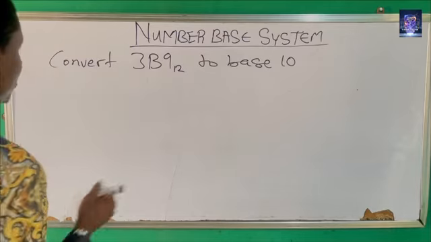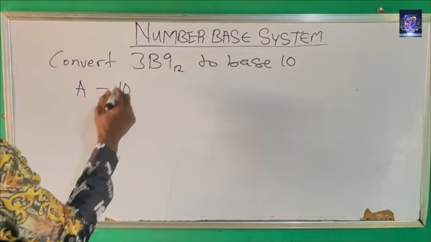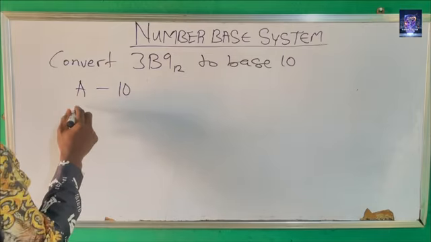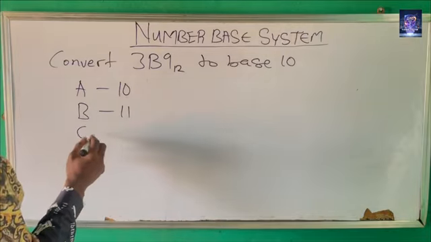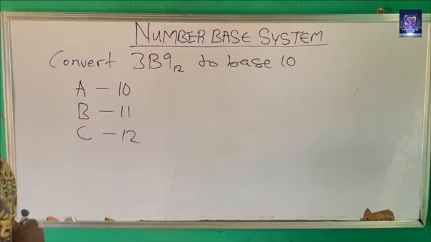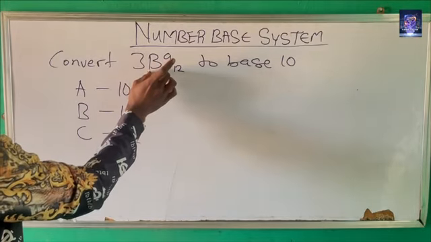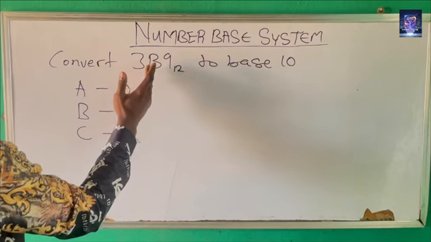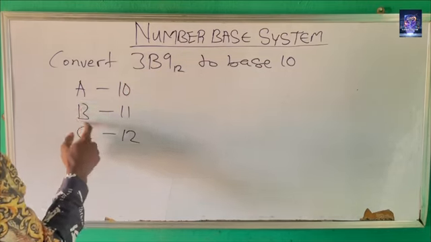Now in number-base systems, A represents 10, B represents 11, C represents 12, and so on. The reason for this representation is because we can't afford to write 11 here. If we write 11 here, it means we have 2 extra digits instead of just 1 digit.